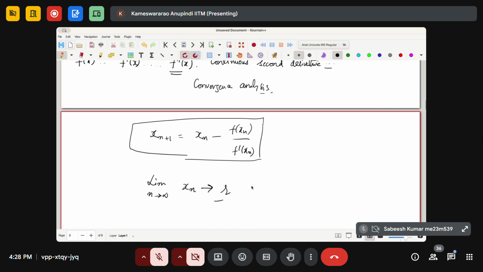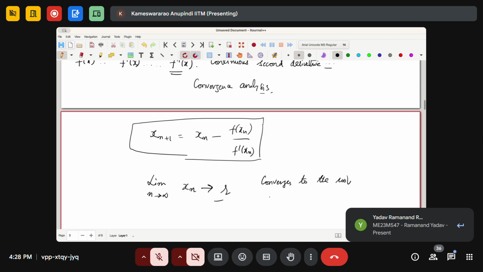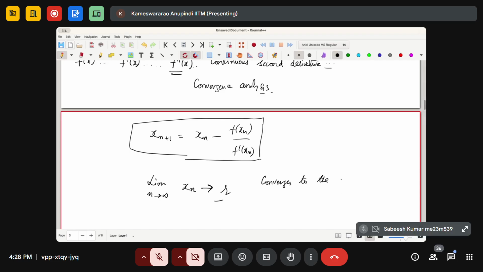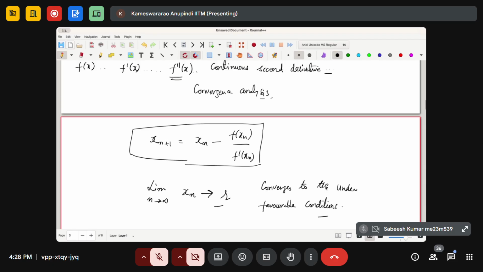So it converges to the root under favorable conditions, okay? Any questions before we try to solve a problem with Newton's method?